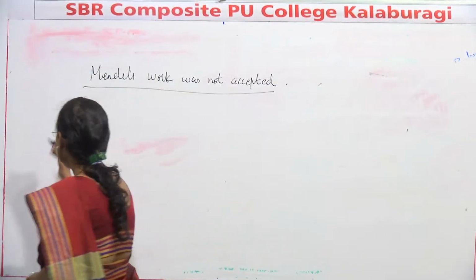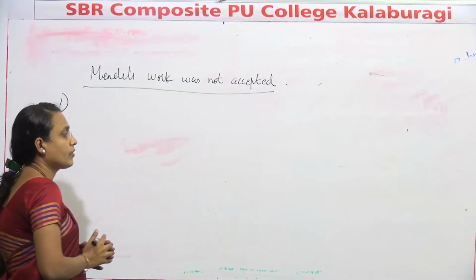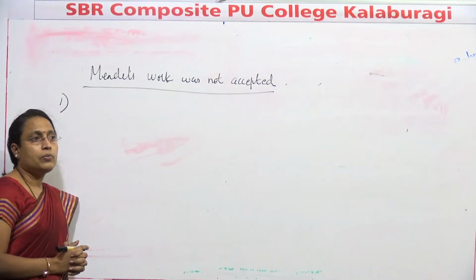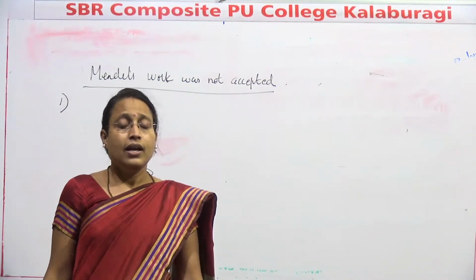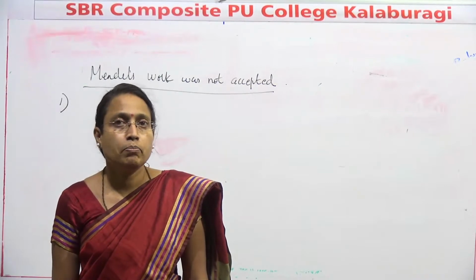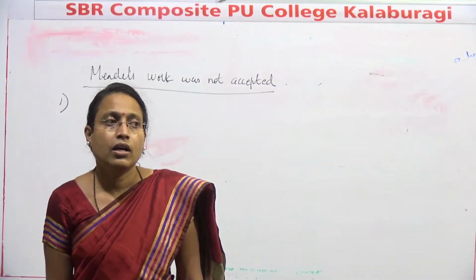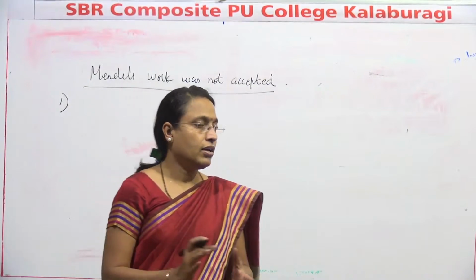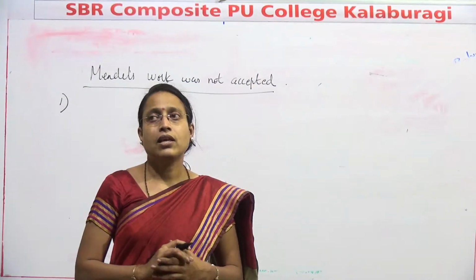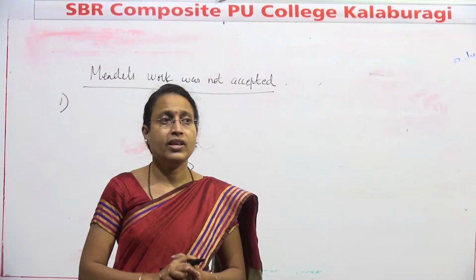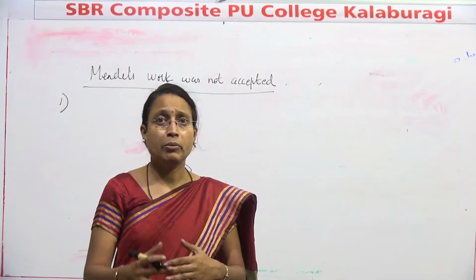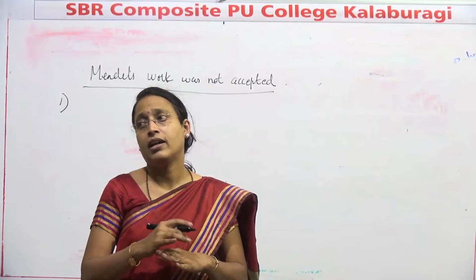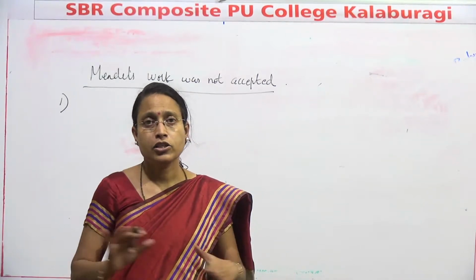First is, the publicity was limited. It means that his article was published in a journal, you can say, that had a limited circulation. So there was no wide publicity. Okay. So it had very limited circulation and did not have any wide circulation.